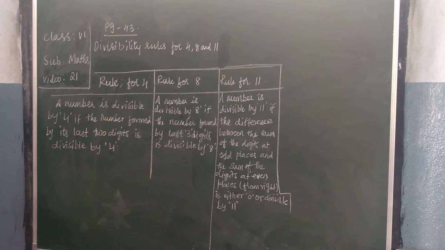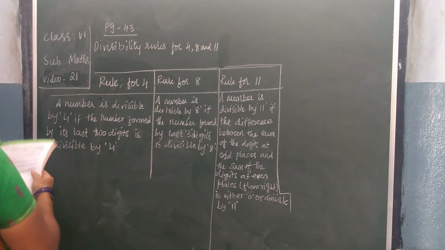See, whenever a problem is given, to check the rule for 3, just write down the rule there. Write column-wise only, children. Then it is easy for you. Now I will show you the divisibility rule for 4. So now, look here, children.